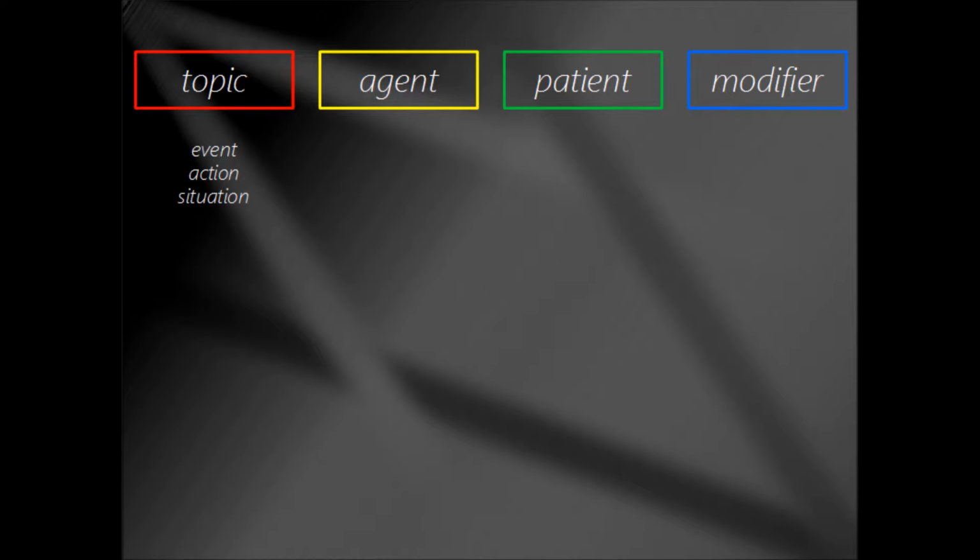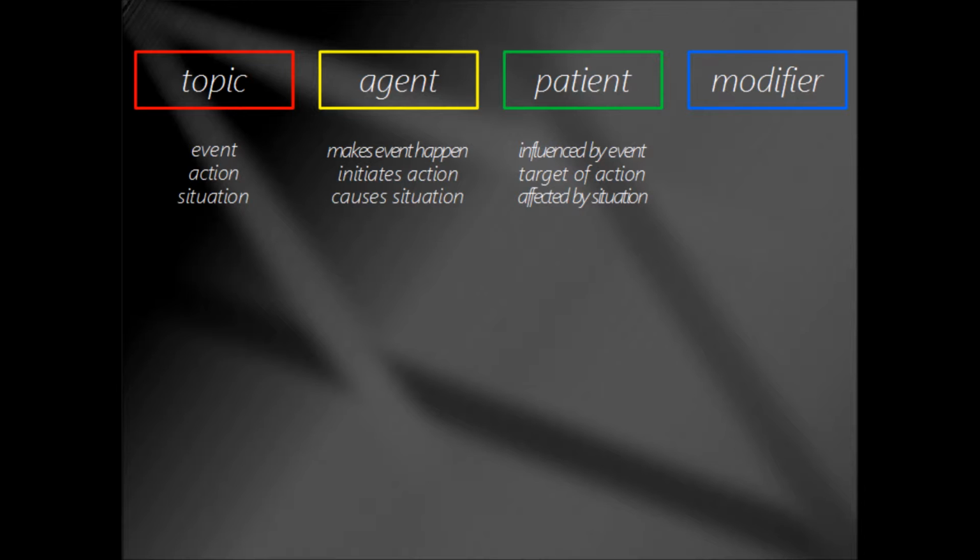The agent is the argument that makes that event happen, initiates or performs the action, or causes the situation. The patient is the argument influenced by the event, targeted by the action, or affected by the situation. And the modifier, finally, is a word type that provides a context for the other 3 word types to take place.